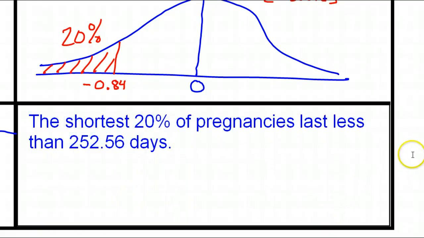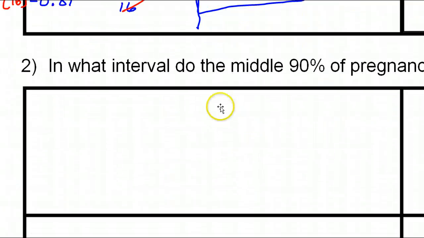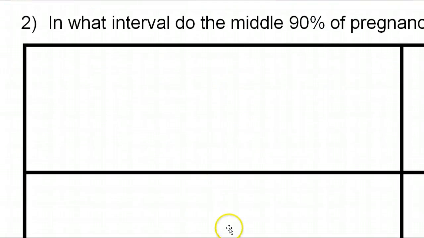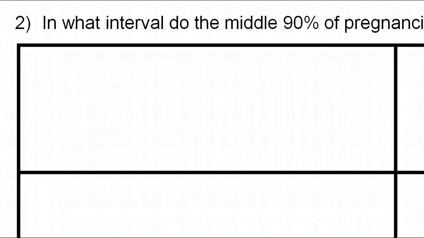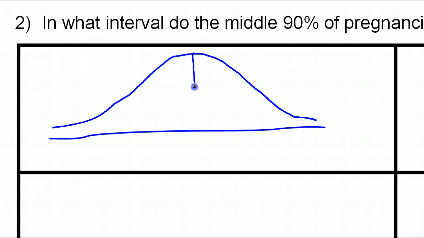Okay, let us move on to problem number 2. All right, in what interval do the middle 90% of pregnancies last? All right, once again, we will start off by making our normal distribution. Okay, like this. All right, same mean, still 266. Now we're talking about the middle 90%.